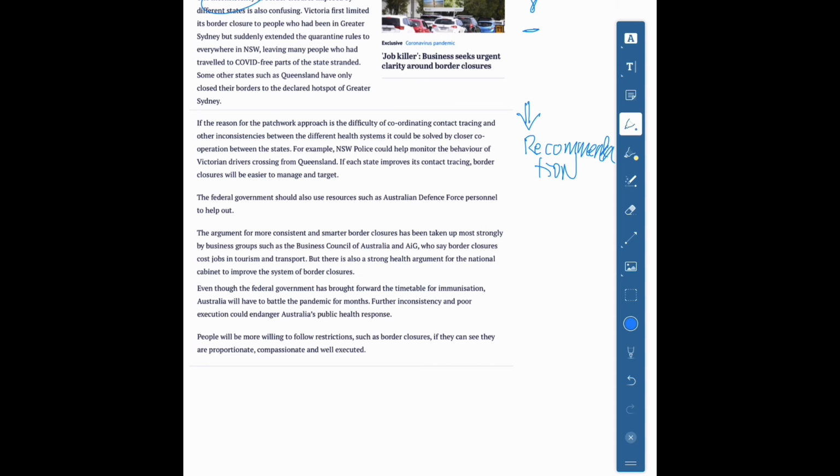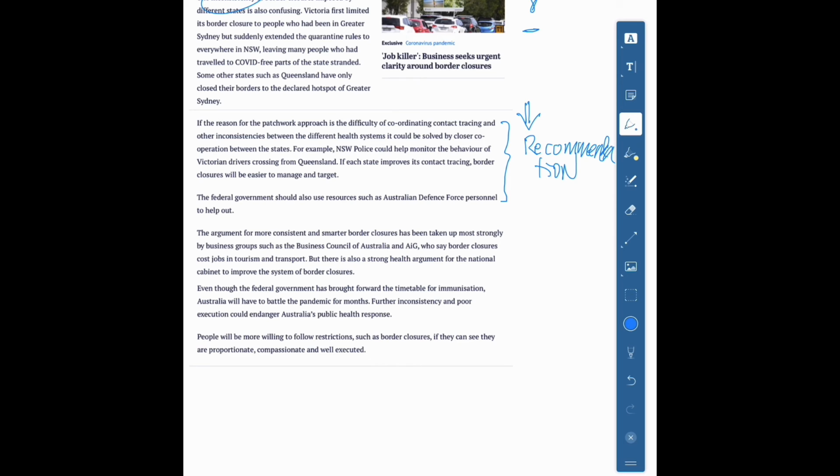Look at these two paragraphs, both of these two paragraphs are the recommendations from the newspaper.